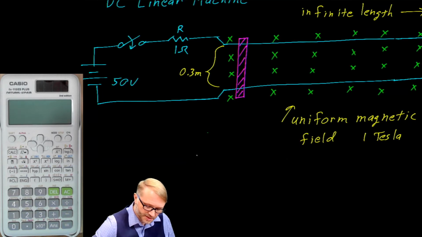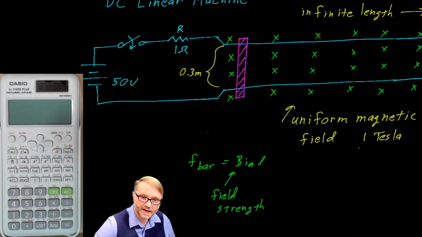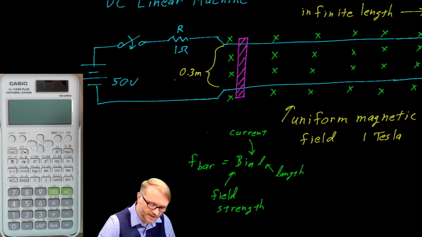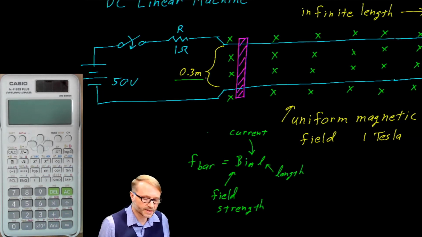The first is the force in the bar, the bar being this purple movable piece, is equal to B I L, where B is the strength of the magnetic field. We define that as 1 Tesla. This is the current, and this is the length. We define the length as 0.3 meters.